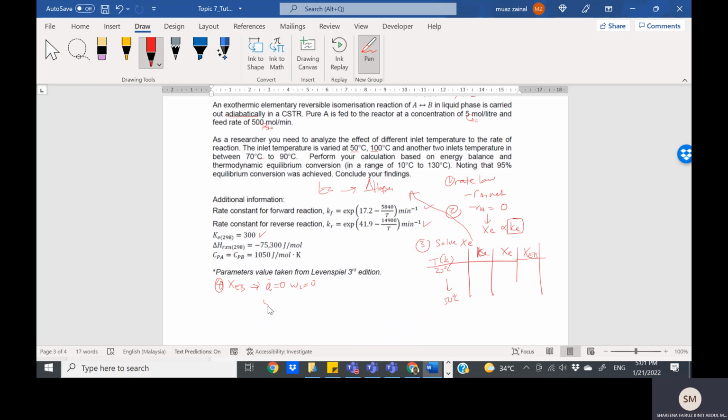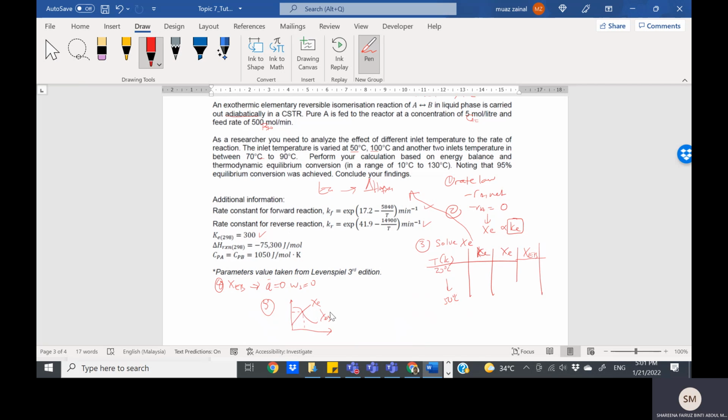Alright, so from there you can plot XE, this is just an example, and you can plot XEB here, XE with XEB here, to get the adiabatic equilibrium.